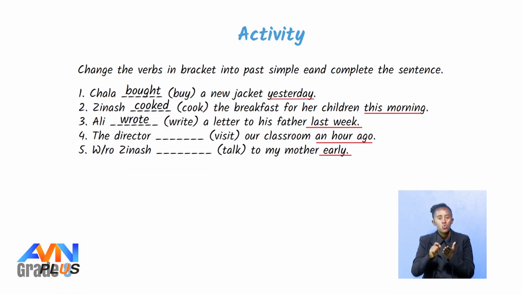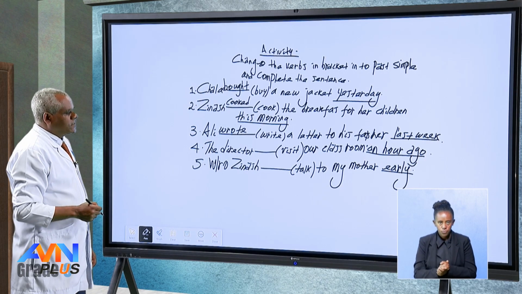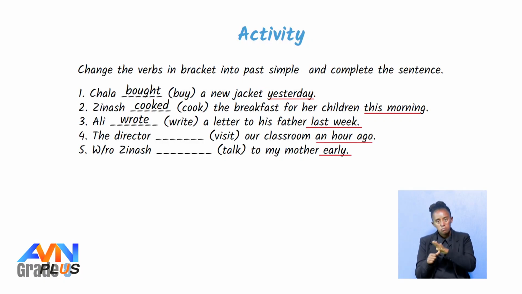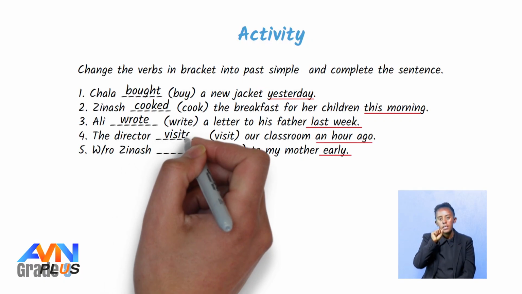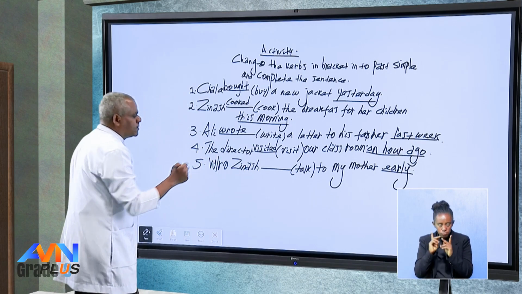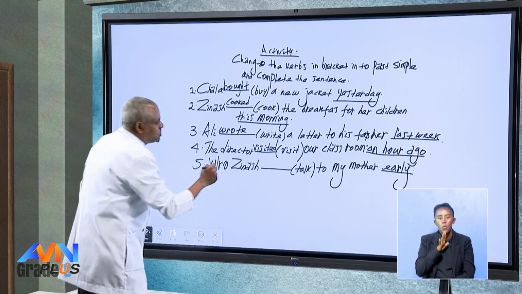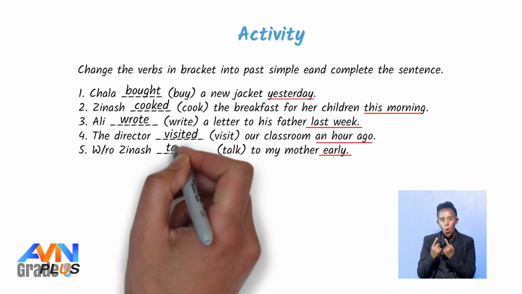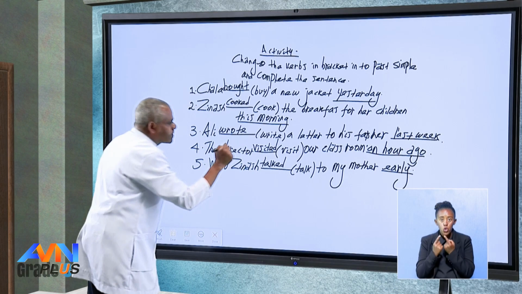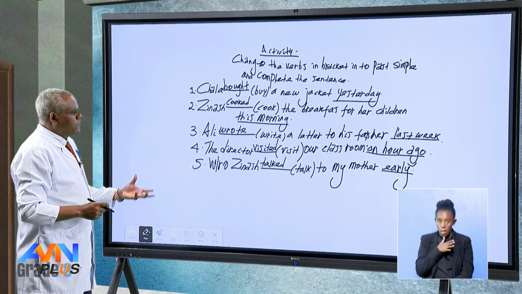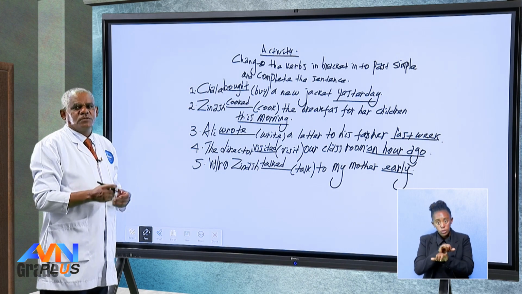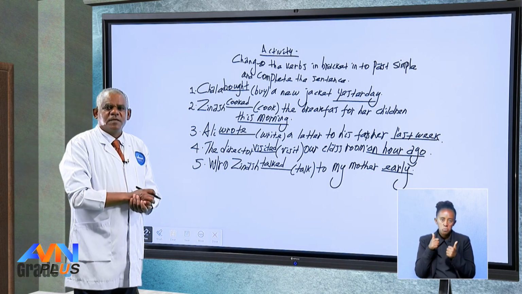Wrote. Very good. The director visited. Visited. Good. Zinash talked to my mother early. If you are doing your job like this, I'm sure that you are good at simple past tense.